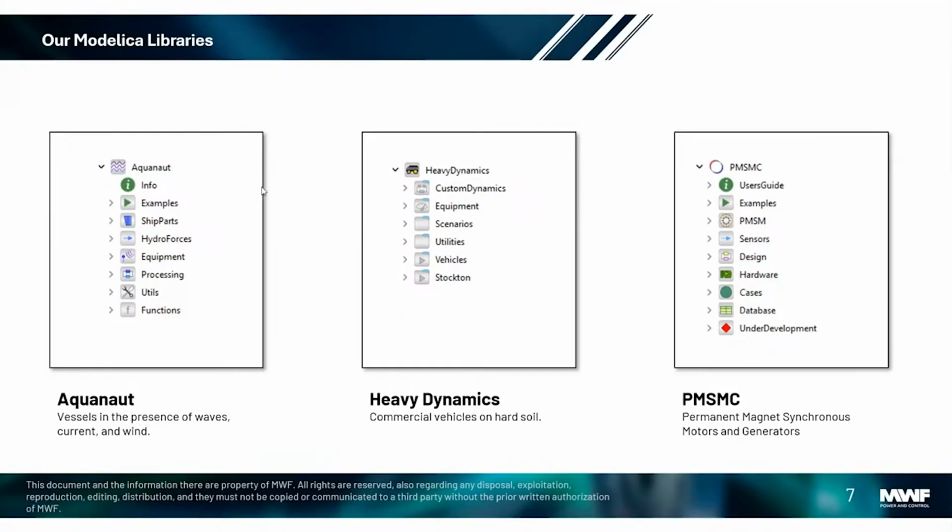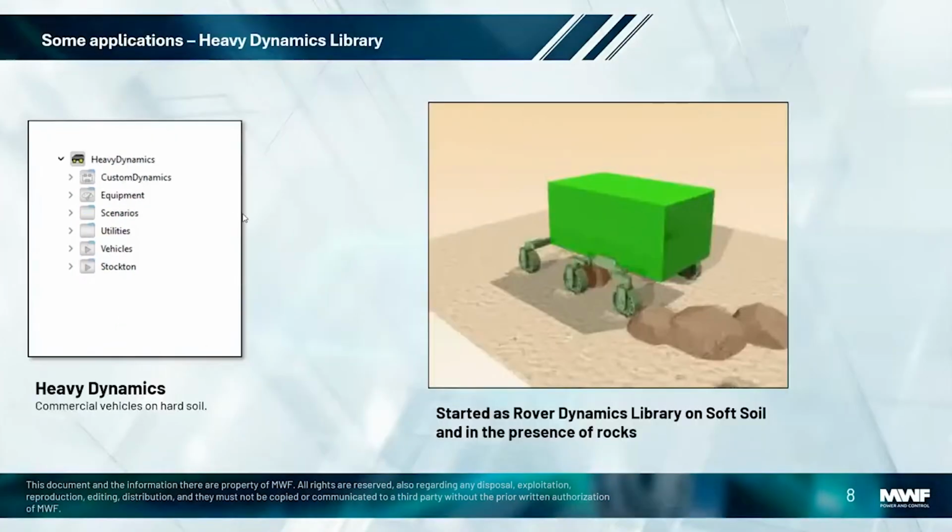So they were all developed in-house completely, and they are used in our own projects. And now let me dive into our specific applications using each one of these libraries. First, a brief introduction about the Heavy Dynamics library.